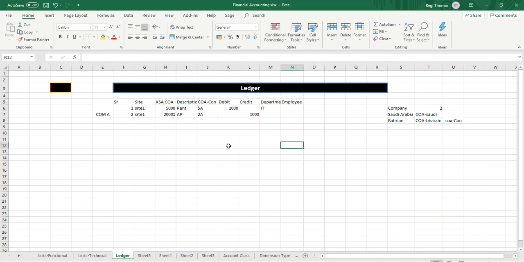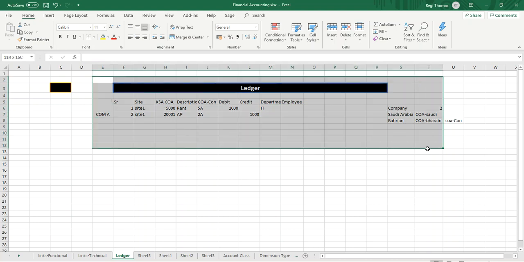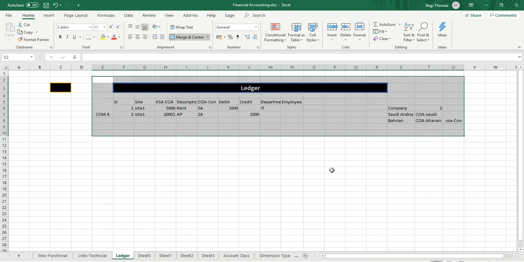So this is the concept of a ledger. A ledger can have analytical configuration, and it can keep track of your budgeting and commitments, and it can have analytical dimension level information. So this is all about the ledger. I hope that you understand the ledger concept.